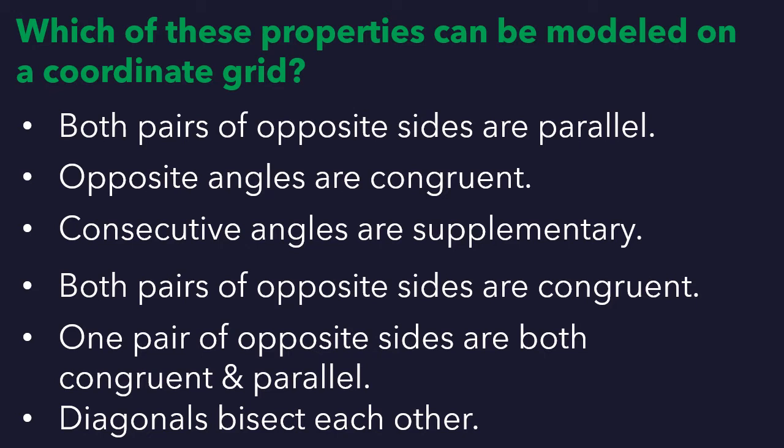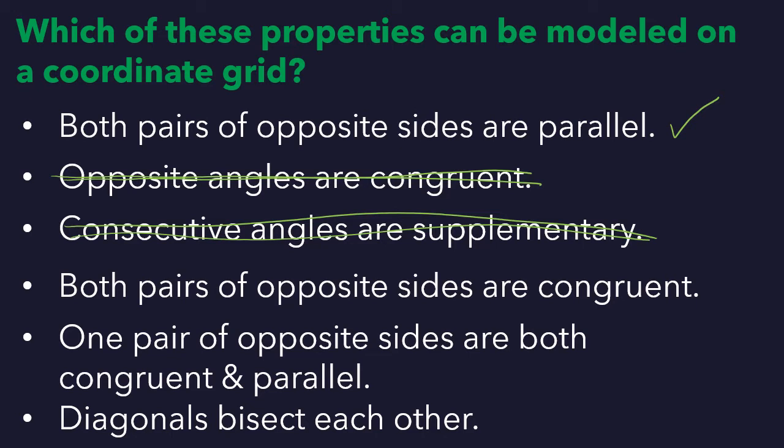I can show by using slope that both pairs of opposite sides are parallel. However, I cannot tell you by doing anything on my coordinate grid that opposite angles are congruent, or that consecutive angles are supplementary. I don't really have a way to measure angles on a coordinate grid unless I literally get out a protractor and try to do it that way.